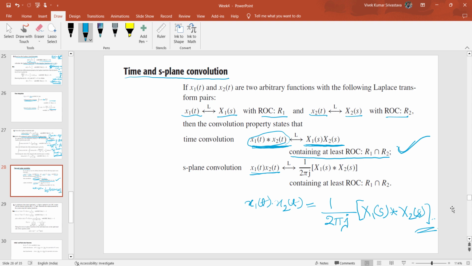Okay, so this corresponds to time convolution, whereas this corresponds to s-plane convolution. Because here the convolution is performed on the s-plane, meaning the Laplace domain. That's why it is known as s-plane convolution.